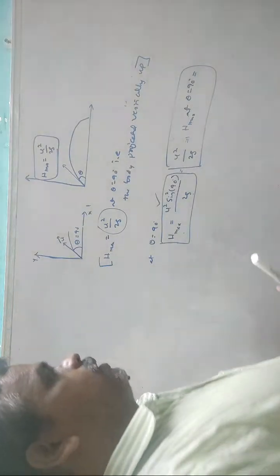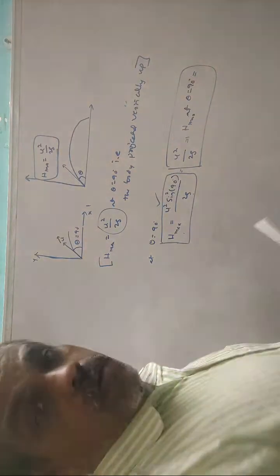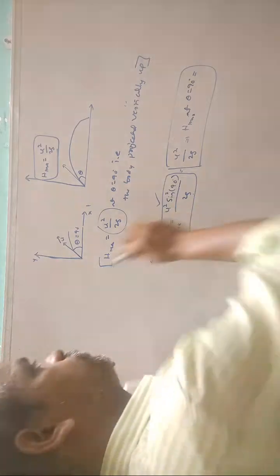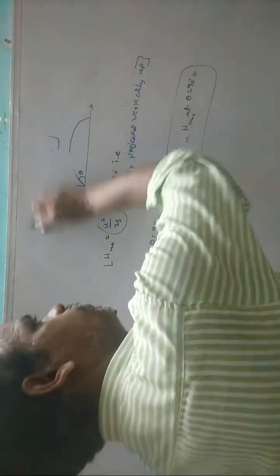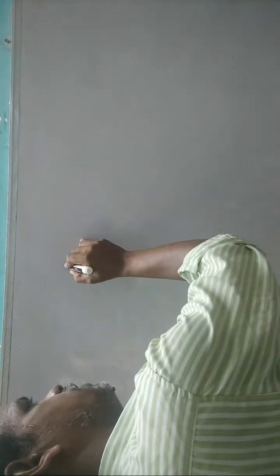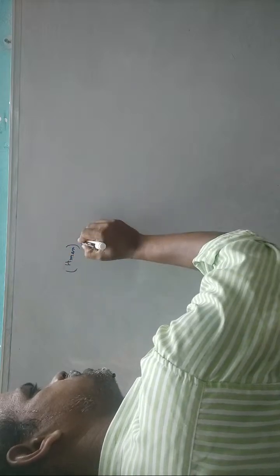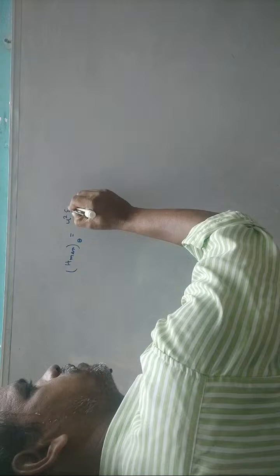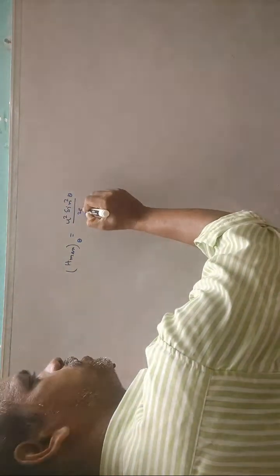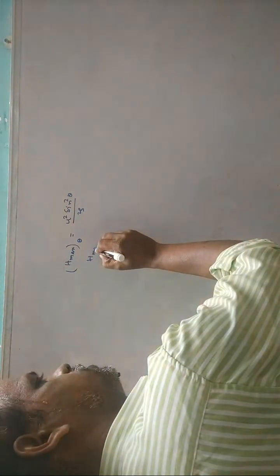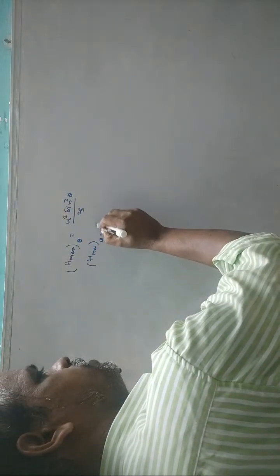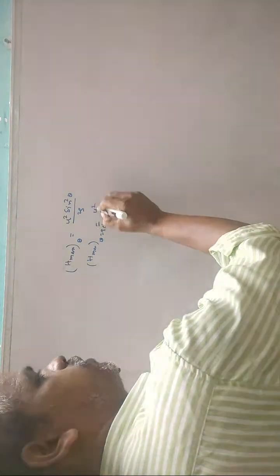Okay. Now, what we calculated here: h max for an obliquely projected body, at theta, is u square sin square theta by 2g. H max when theta equals 90 is u square by 2g.